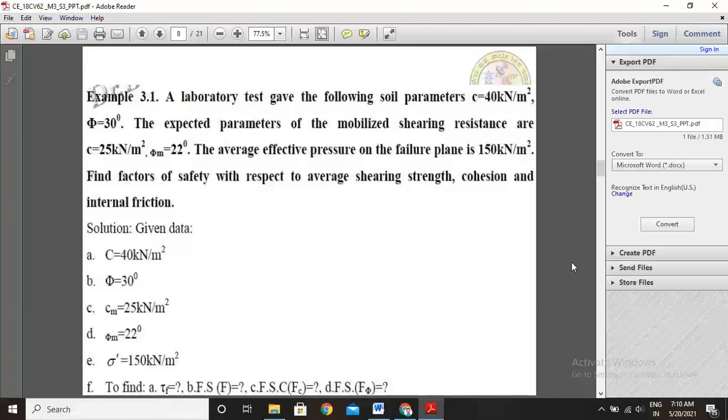Next, to find tau f equal to how much. In the second case, factor of safety F equal to how much with respect to cohesion, and factor of safety with respect to angle of internal friction, F phi, equal to how much. So this is the clear given data and what is required in this problem.